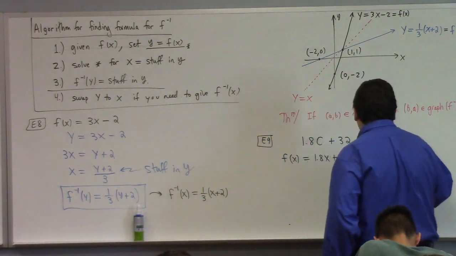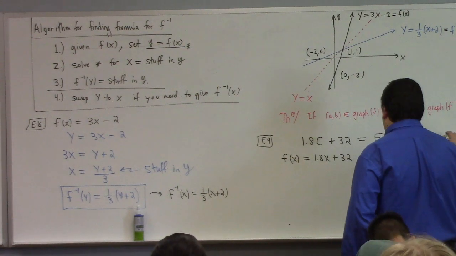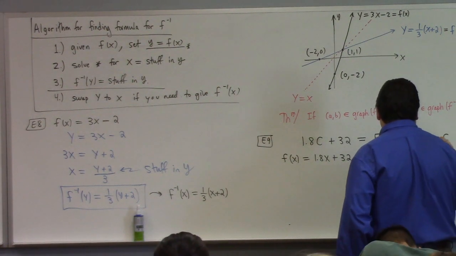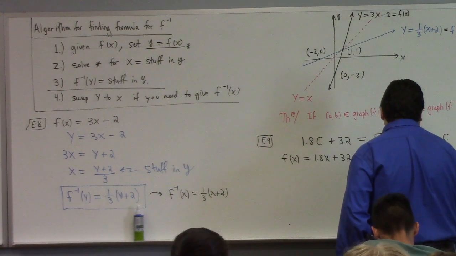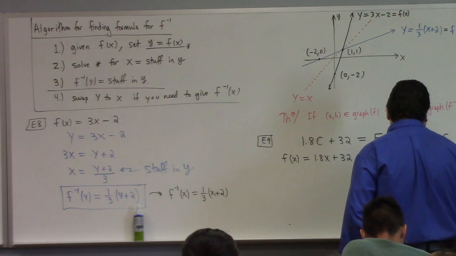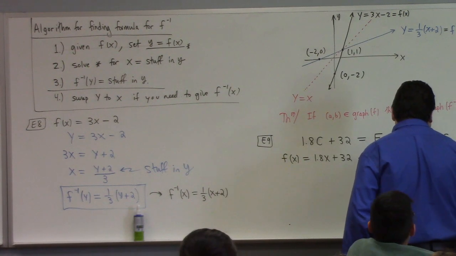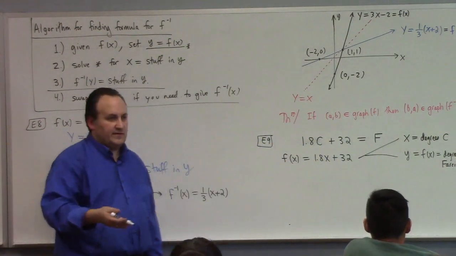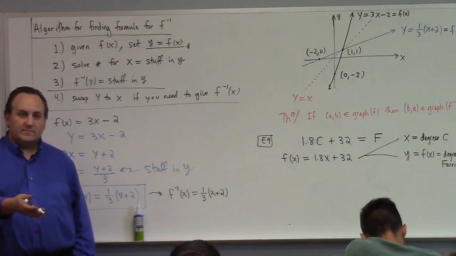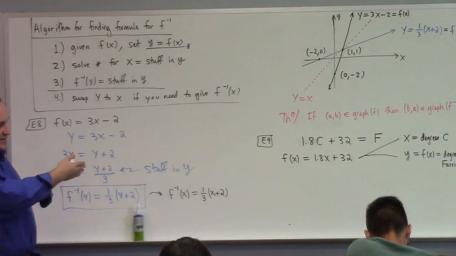And here, x equals the degrees centigrade, and y equals f of x would be degrees Fahrenheit. For example, what happens if you have 0 degrees centigrade? That's freezing, right? What's freezing in Fahrenheit? 32. See how the formula works?